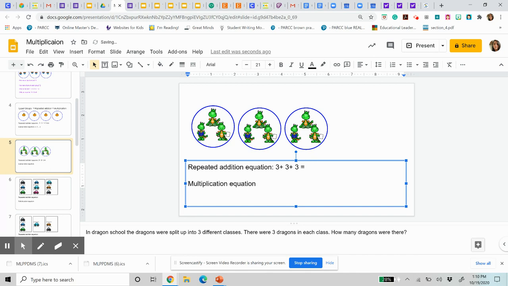That would give us 9 dragons. Or if I use the multiplication equation, I could say there's 3 groups and there's 3 dragons in each group, and 3 times 3 is 9. So whether you use repeated addition or multiplication, you should come up with the same answer. It's not going to give you a different answer.